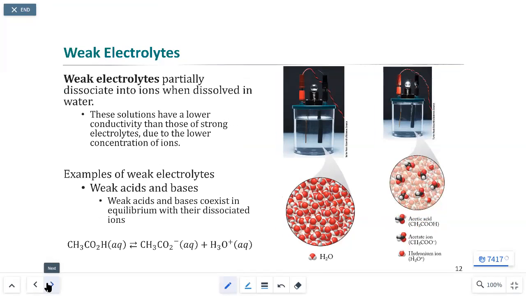For the things that don't fully split, we have a subcategory here, the weak electrolyte. These are substances that do conduct electricity when dissolved in water, but they do so at a much lower conversion rate. And because of that low conversion rate, we see a lower conductivity as a result.